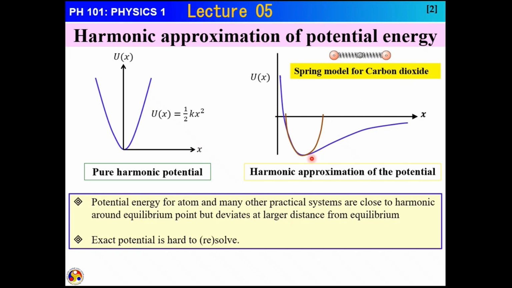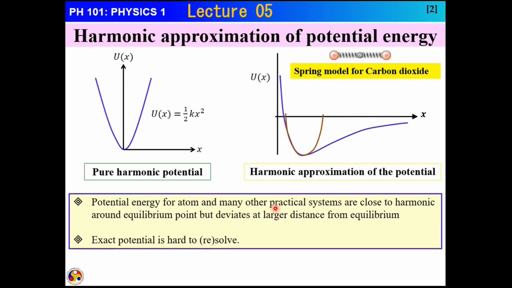Around the equilibrium, we try to approximate here, and if you see that it is close to the equilibrium position, you can approximate it to be a harmonic potential. But if you move away from this equilibrium position, it is going to deviate from the harmonic potential.